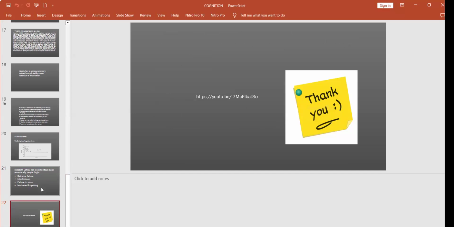Then we looked at the stage model of memory to see how memory works. And then today we discussed forgetting by looking at Ebbinghaus's curve, remembering and time, the connection between the two and the implications for the teacher. And Elizabeth Loftus' 4 reasons of forgetting and implications for the teacher.